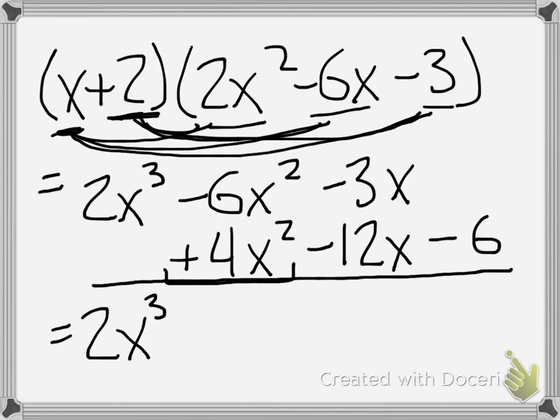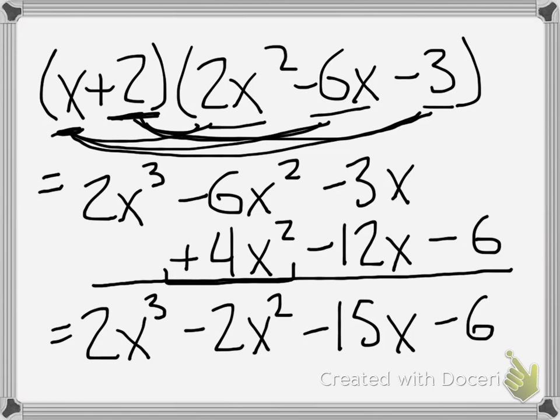Minus 6x squared plus 4x squared, minus 2x squared, because minus 6 plus 4 is minus 2. Minus 3x plus minus 12x, that's minus 15x. And minus 6, no like terms, bring it down.